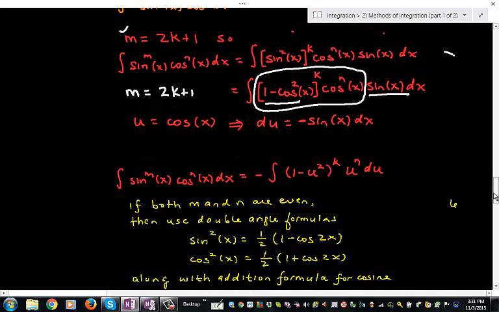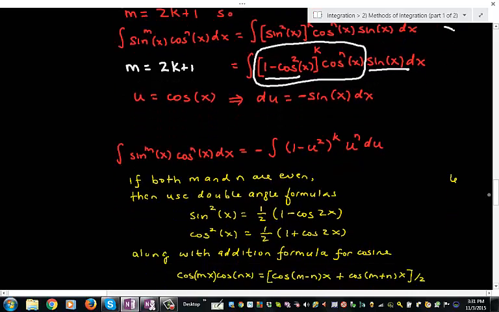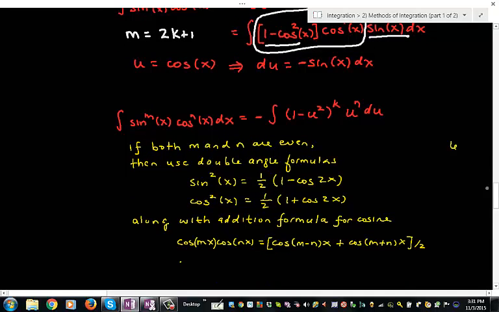Now, when m and n are even, it doesn't generally fall into a change of variables formula per se, but since we're talking about powers of sine and cosine, might as well cover it. Generally we use the double angle formulas and the addition formula for cosine.